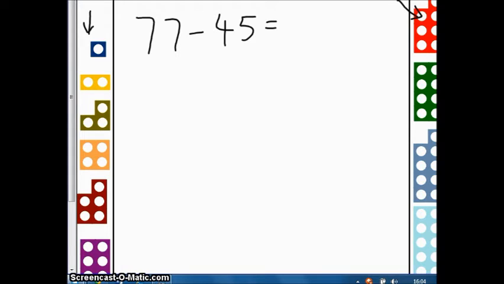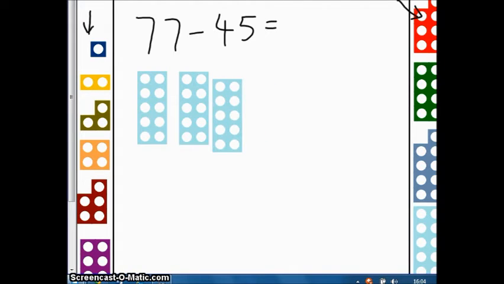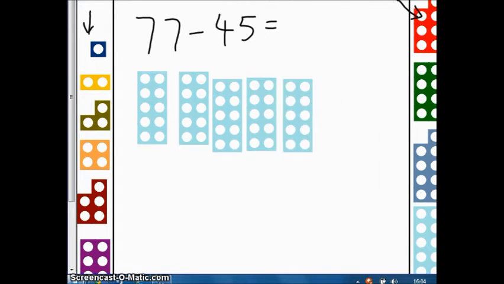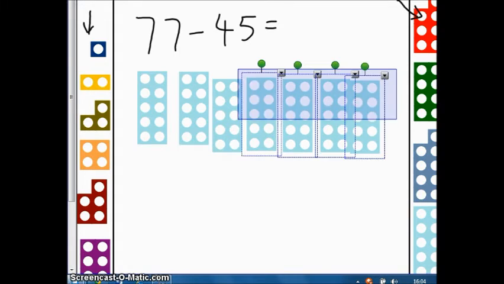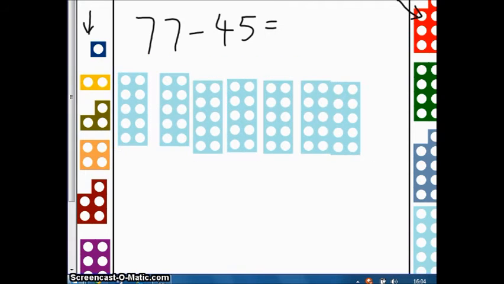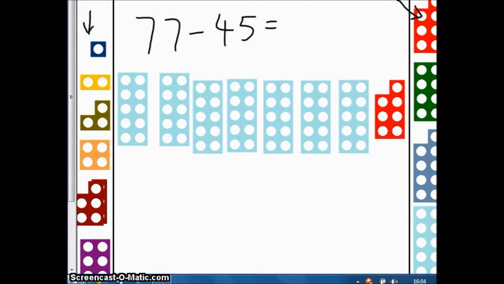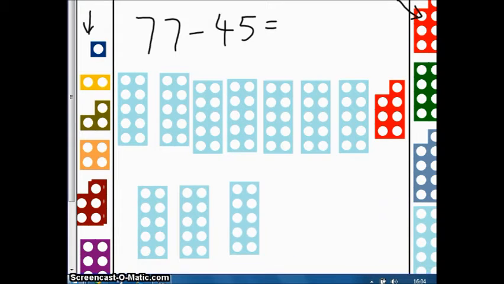I'm not regrouping yet, just to show it without worrying about that. 10, 20, 30, 40, 50, 60, 70, squeezing it in, 77, sorry. Take away 45, 10, 20, 30, 40, and my 5 again.